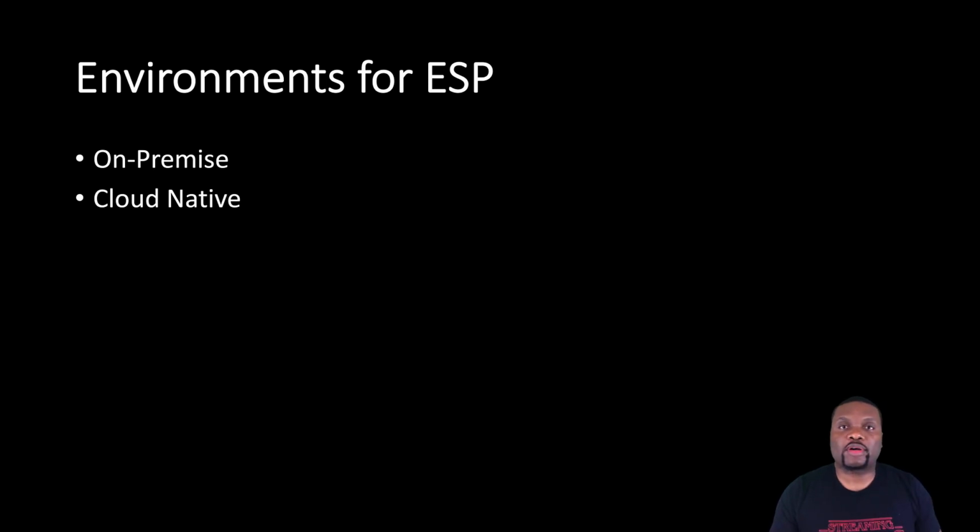Now, if you're renting or you are subscribing to a particular service or infrastructure that you don't really own, then you could use a cloud service like Azure, like Amazon or GCP. So this is when you choose to go cloud native. So the main difference is that in on-premise, the customer or the user is responsible 100% for the infrastructure, whereas in a cloud native environment, the cloud provider provides the infrastructure for you to do it.